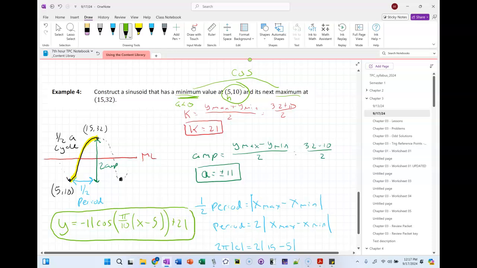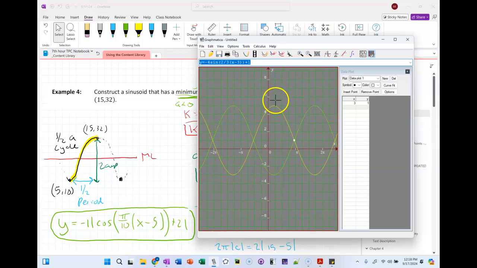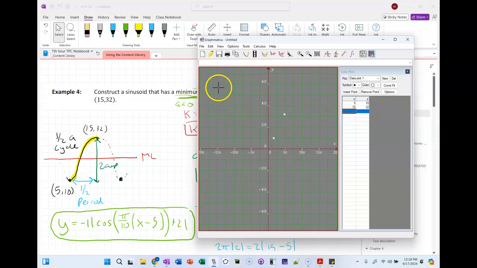And again, just to illustrate that this is going to give us a correct answer, here's 5, 10, 15, 32. And then y equals negative 11 cosine of pi over 10, x minus 5, plus 21.